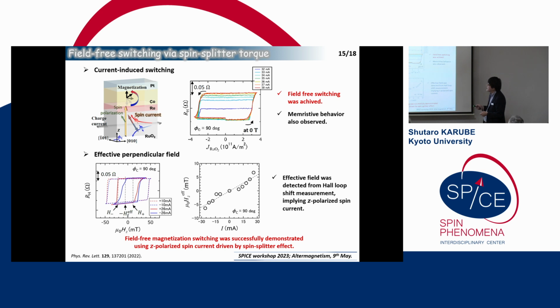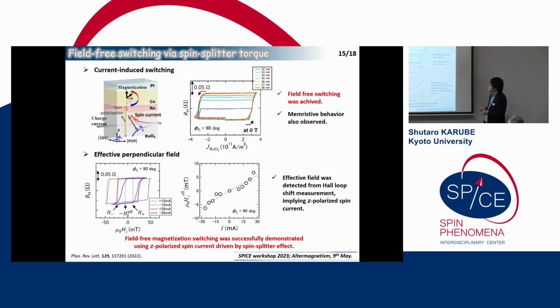So we prepared the ruthenium dioxide 101, ruthenium, cobalt and platinum heterostructure. Here the platinum serves to obtain the perpendicular magnetic anisotropy in the cobalt layer. Furthermore, we already confirmed the spin current from the platinum layer does not contribute to the switching, because the platinum layer is very thin compared with the ruthenium oxide.